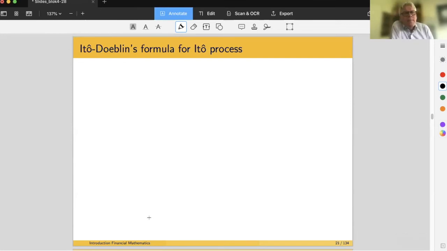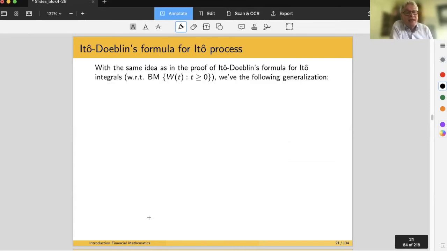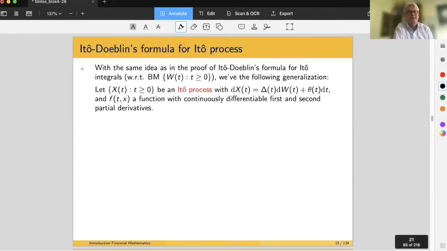So how about the Ito-Doeblin formula for the Ito process? How does that then look? And this goes essentially with the same idea as in the proof of the Ito-Doeblin formula for the Ito integral with respect to the Brownian motion W. So we have the following generalization here for the Ito process x. Now let x t, t greater or equal to 0, be the Ito process.